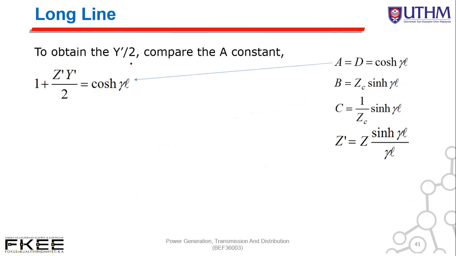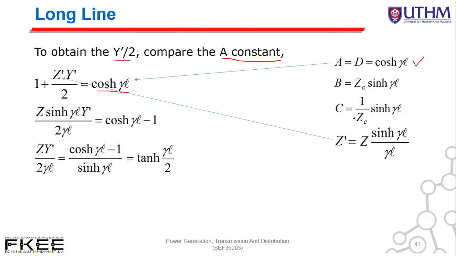Now we want to find Y prime over 2. We can compare the A constant with the hyperbolic function, that is 1 plus Z prime Y prime over 2 equal to cosh gamma L. This is the constant for A and D. Then we can also replace Z prime with the equation we found.